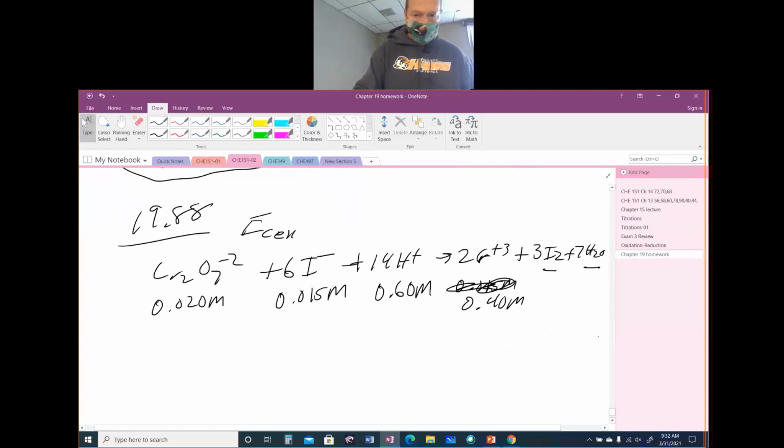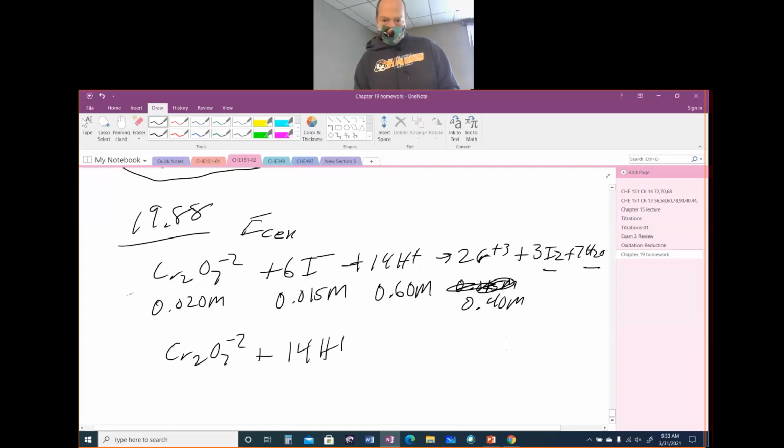All right, and so then you have to look up your table 19.1. So you've got your Cr2O7 2- plus your 14H+, which yields your 2 Cr3+ plus 7H2O. Yes, 7H2O. That is correct. All right, and so that one's right off of your chart.